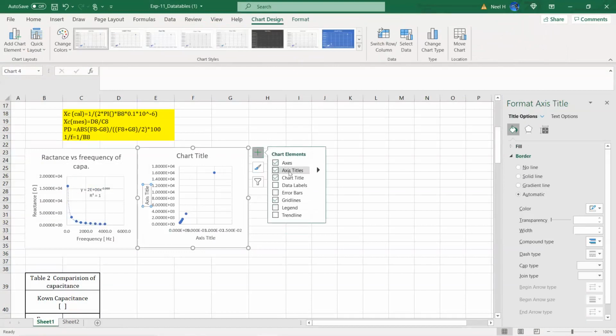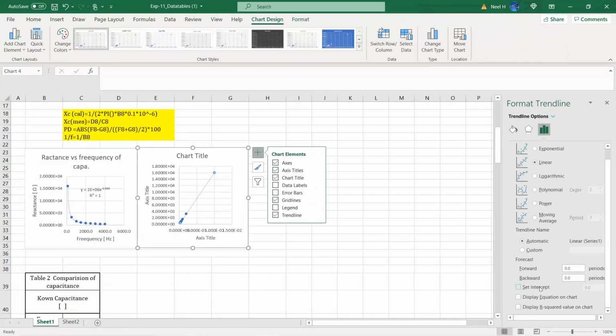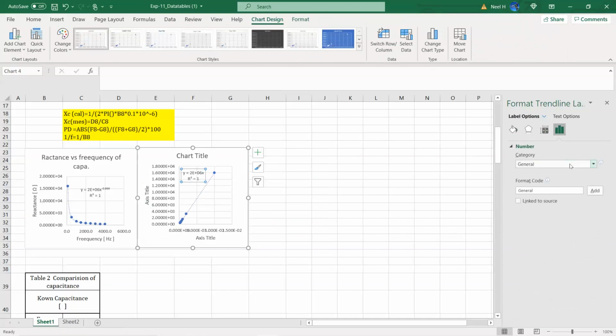We can put the axis title, trend line. In this case, trend line linear is fine, but make sure all of these three are clicked on. And also I would like to read that number, which is the number in front of the x. Since it is showing only one significant figure, maybe it's better to change that into a little bit higher number of significant figures, at least 2 or more, okay?